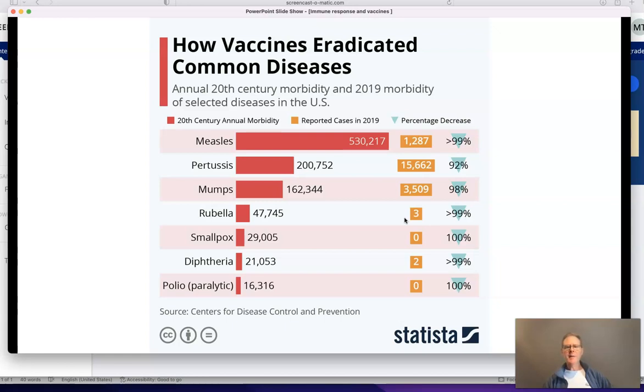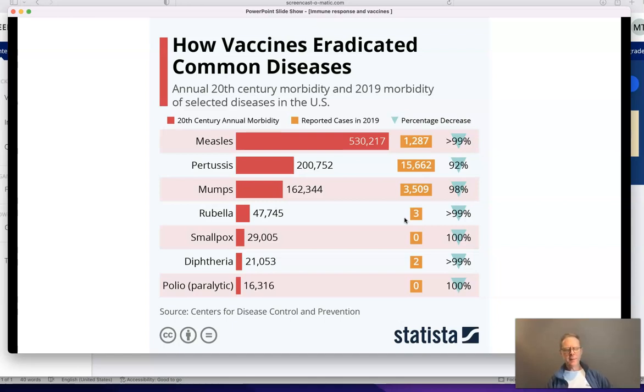If you look at the impact in the U.S. of vaccines, it's been very strong. We've taken measles down, this is up through 2019, from an annual number of cases of over 500,000 to about 1,300. Pertussis, which is whooping cough, a very nasty disease in young children, went from about 200,000 cases a year to 15,000.